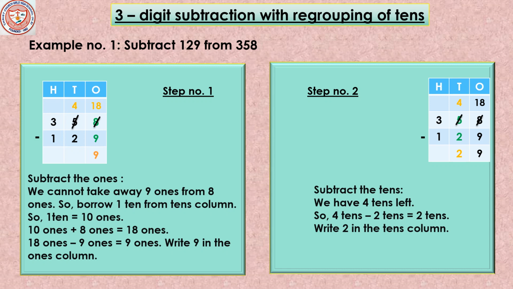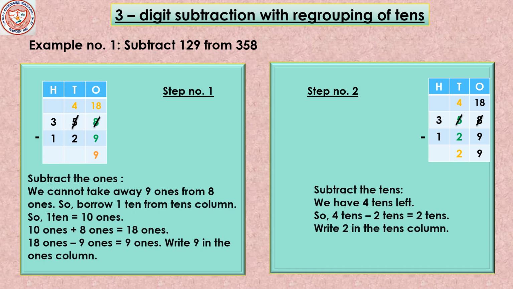So, we have to borrow 1 ten from the tens column. In the tens column, there are 5 tens. After borrowing 1 ten from 5 tens, it will become 4 tens.